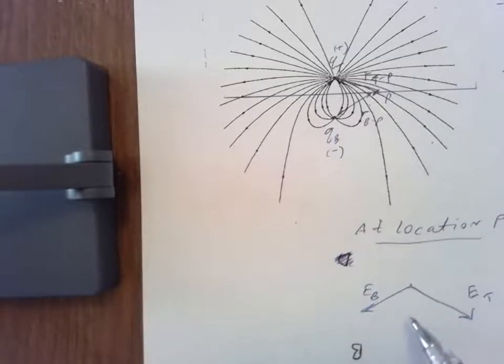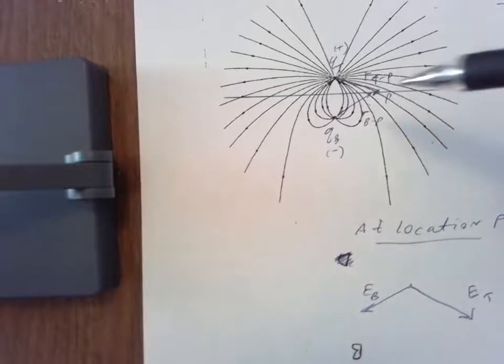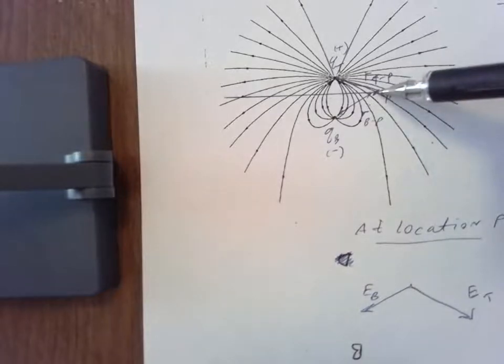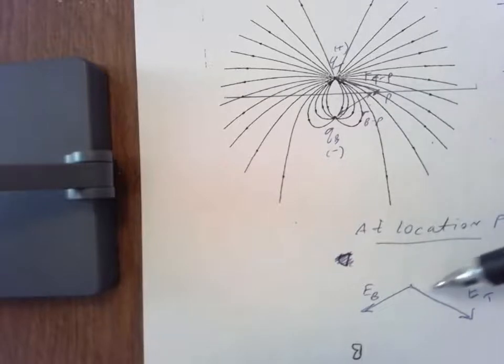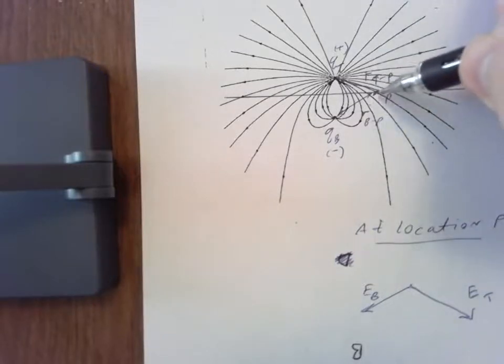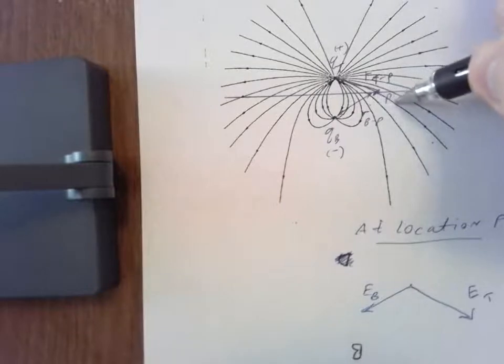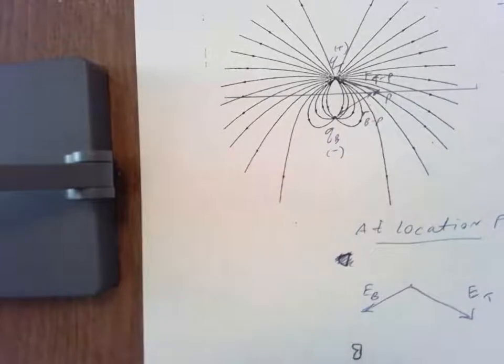Okay? But we can see from the net field that, in fact, the horizontal components don't balance out. There is a net horizontal component towards the right.